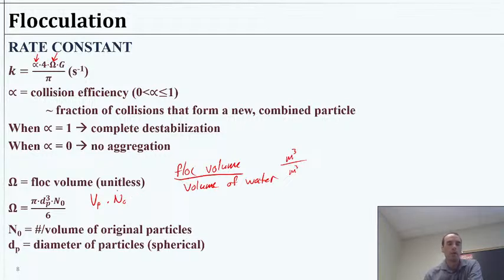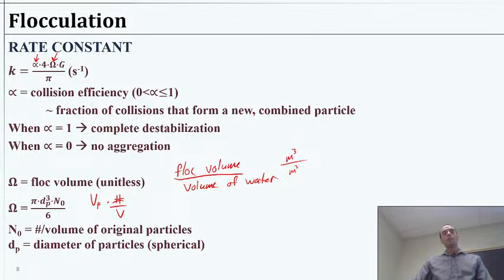So we could rewrite this as number per volume. The only issue here is, again, if we had particles per liter, we need to change that to particles per cubic meter. And if we had the particle diameter in millimeters, we need to change that to meters and cube the conversion properly, and then have our system.